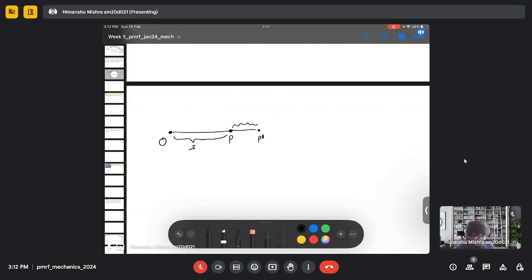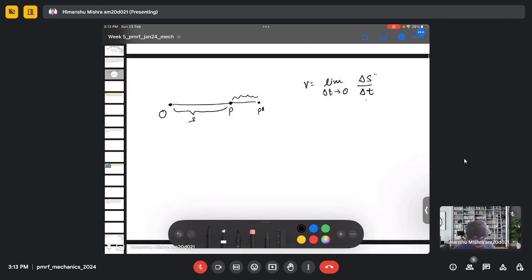So the velocity will be given as the limit of delta S divided by delta T as delta T tends to 0. Here delta S is the change of distance and delta T is the change of time. In the limit of delta T approaching 0, the same identity becomes ds by dt.